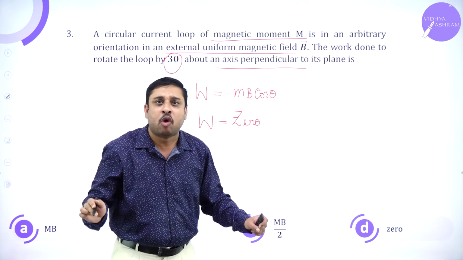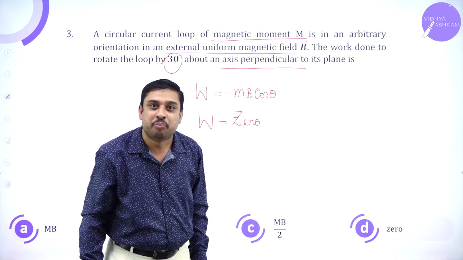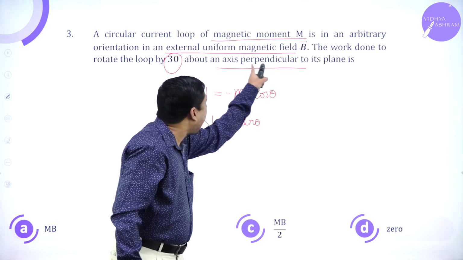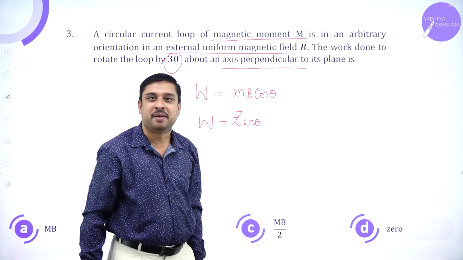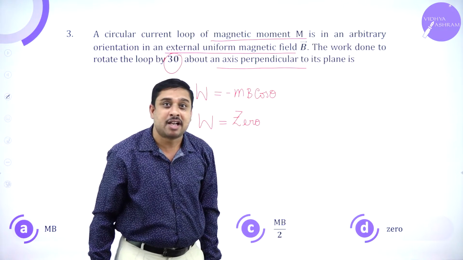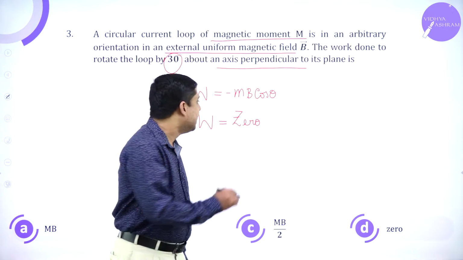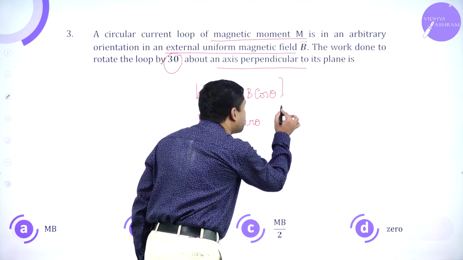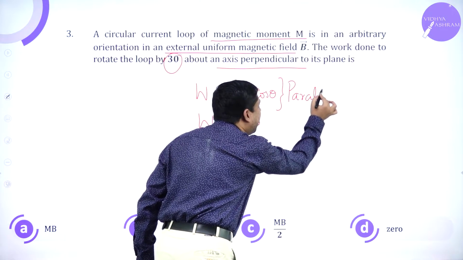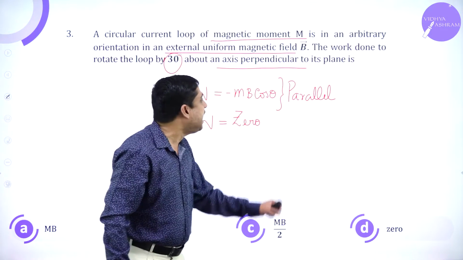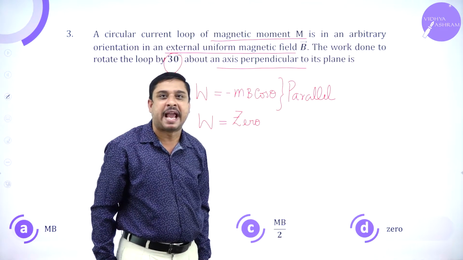Why? I am not doing any work to rotate the coil because the axis is perpendicular to the plane. My concept is helping me to instantly get the answer. This expression holds good, and I can substitute for theta, only if the axis is parallel to the plane.